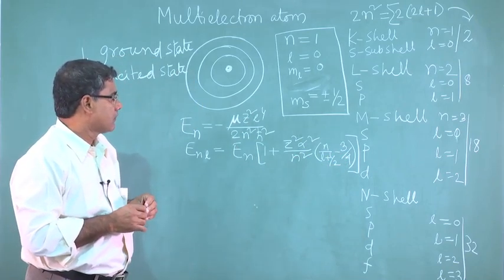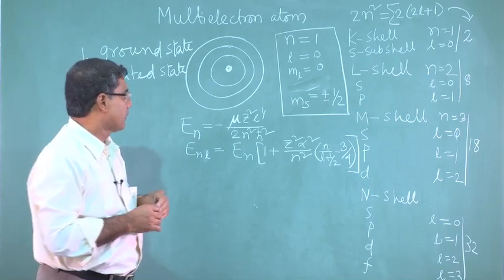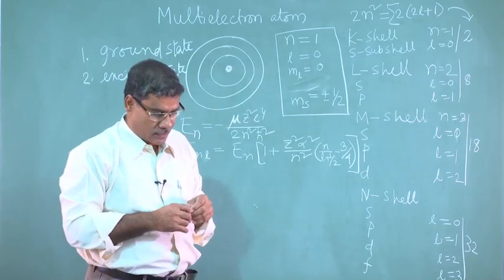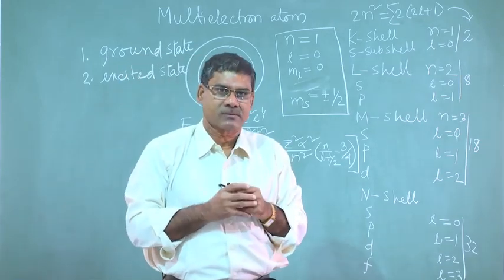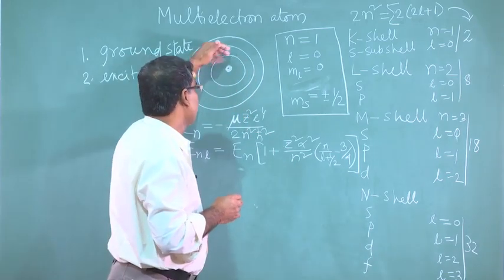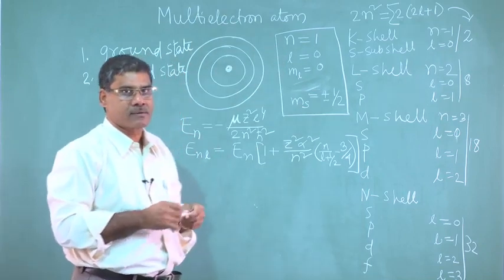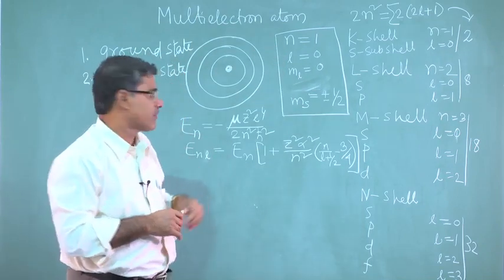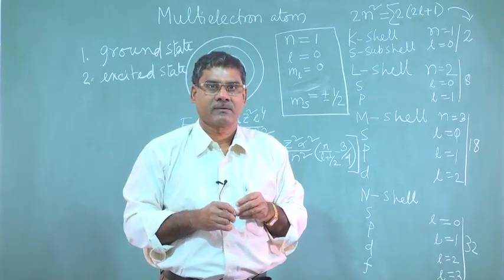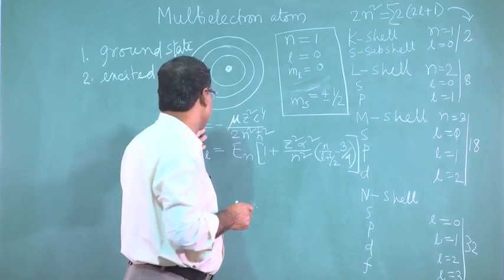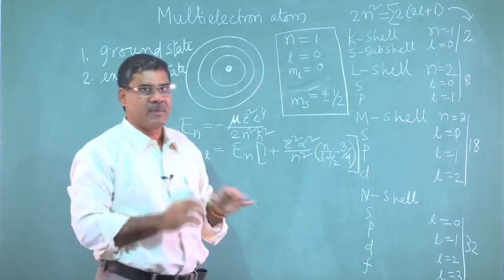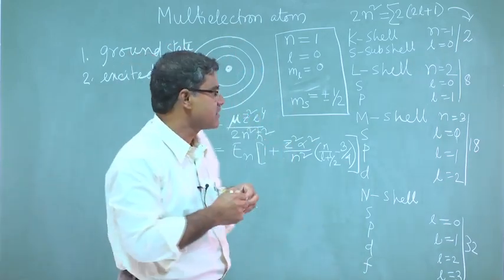Now, if you put more than one electron, the overall atomic structure is the same, only the energy of different orbitals will be different. If we put a second electron, its energy will change, but the structure of the atom remains the same, meaning it has orbitals.